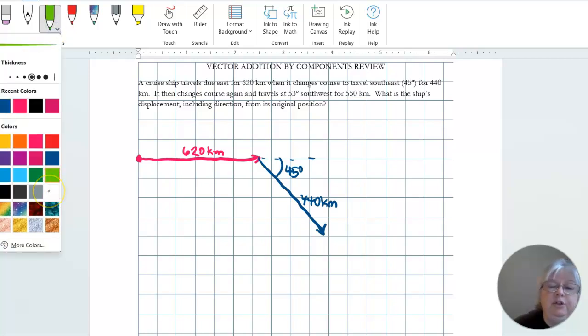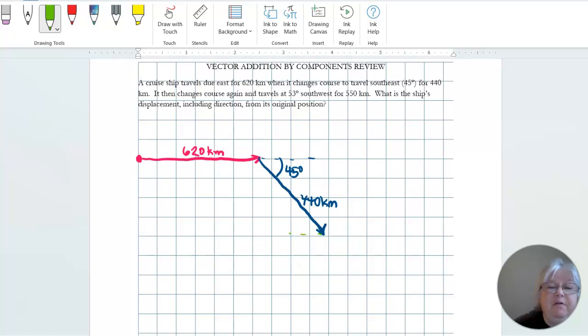Finally, I am going to go to the southwest. West meaning I'm going to be going backwards. South, I'm going to still be going down. And that's about 53 degrees, so I'm going to have to make another estimate. So like so. I made it a little longer than the previous line. And that is 53 degrees.